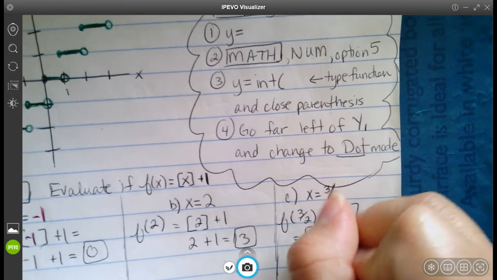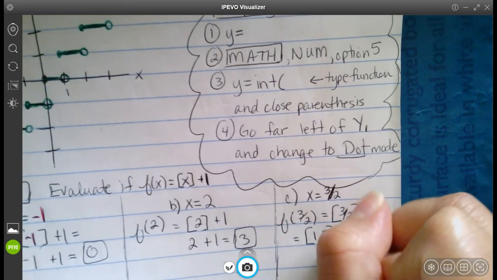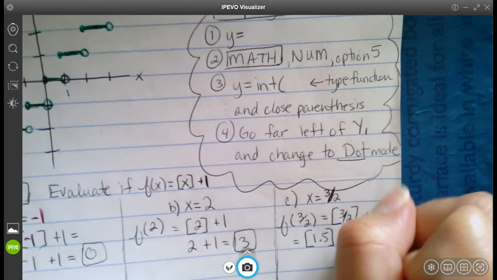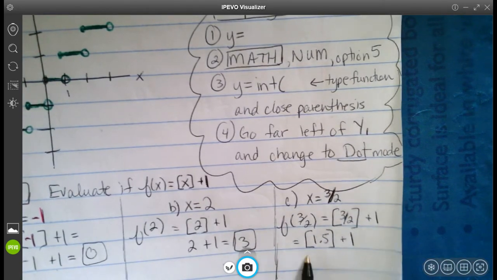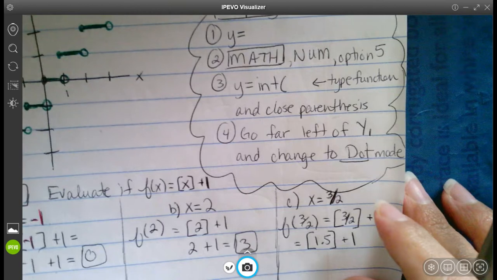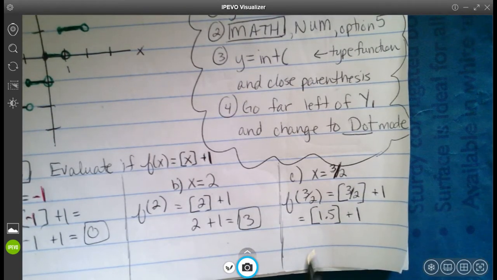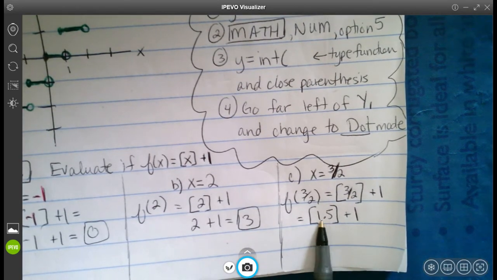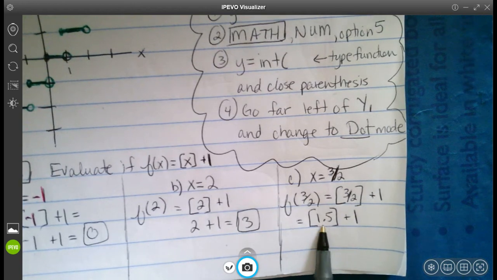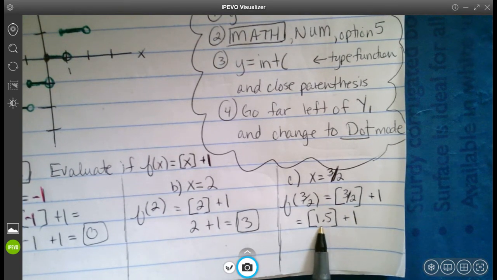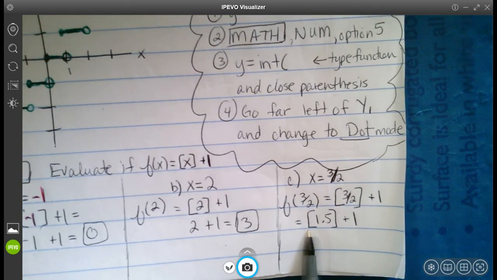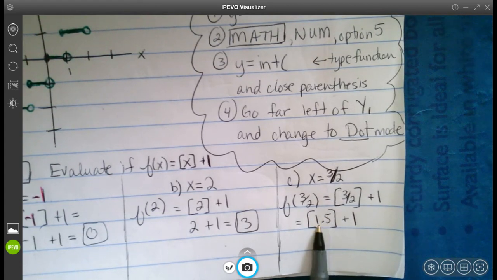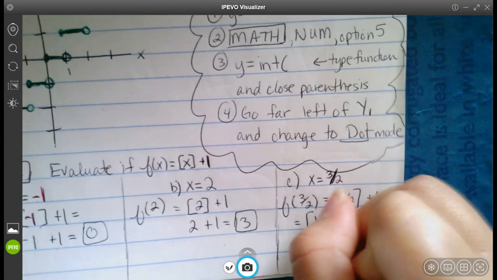So I probably would change it to 1.5. Okay, just because visually on a number line, 1.5, I know where that is. I'm not really sure where 3/2 might be. Okay, so 1.5, what integer is smaller than 1.5? So it's either going to be 1 or 2. Remember, it has to be less than this number. So this one is going to be 1.